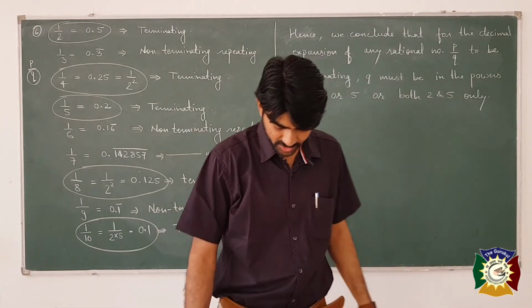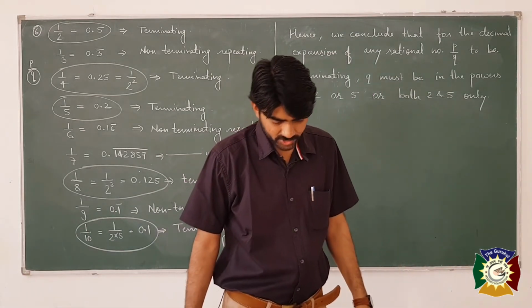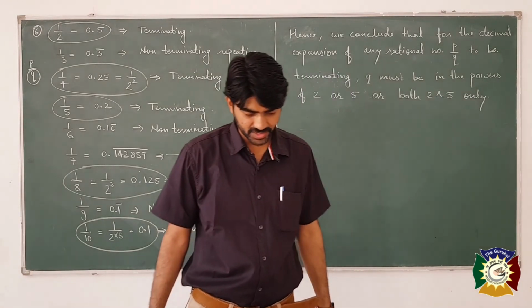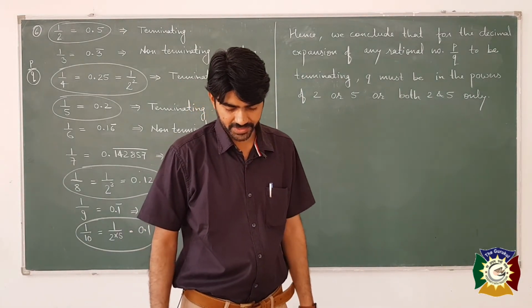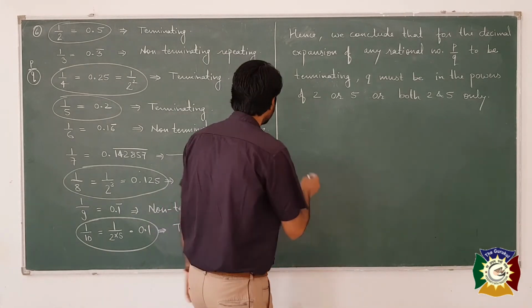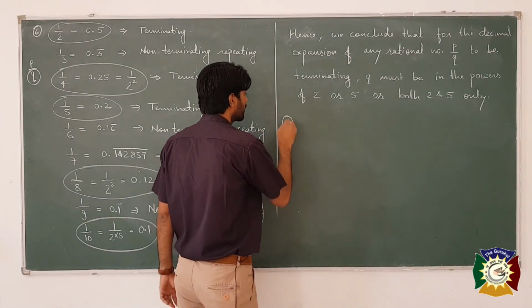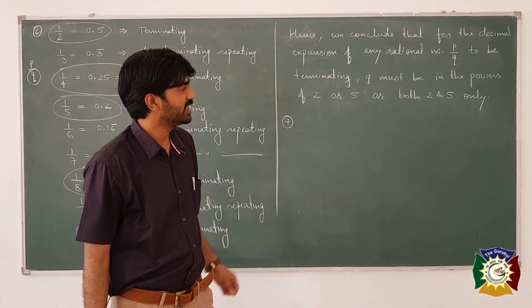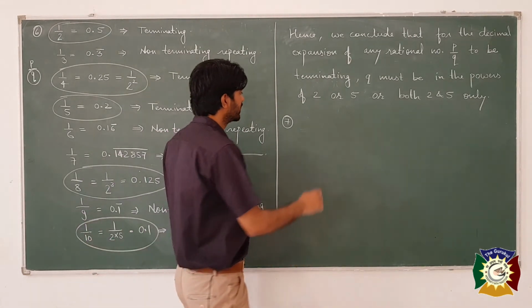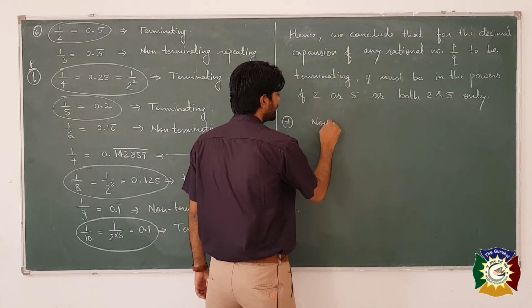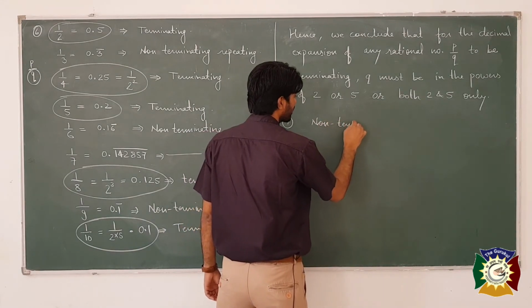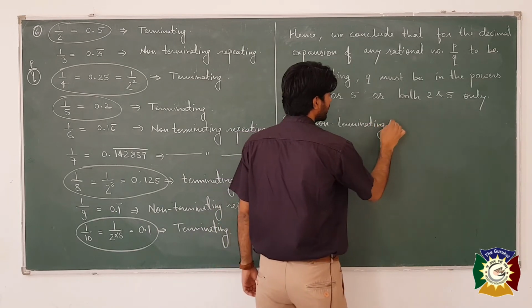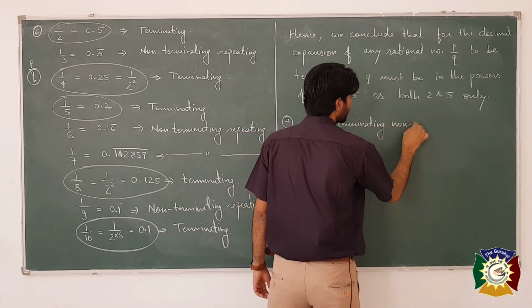Now we have question number 7. Write 3 numbers whose decimal expansions are non-terminating and non-recurring. We have to write 3 numbers having decimal expansion non-terminating, non-recurring.